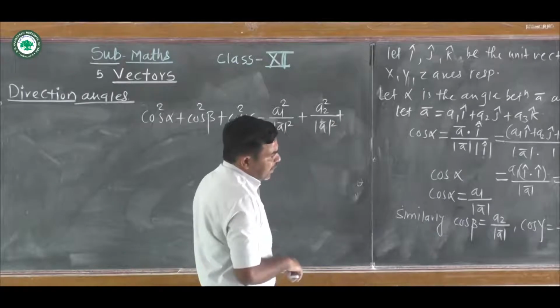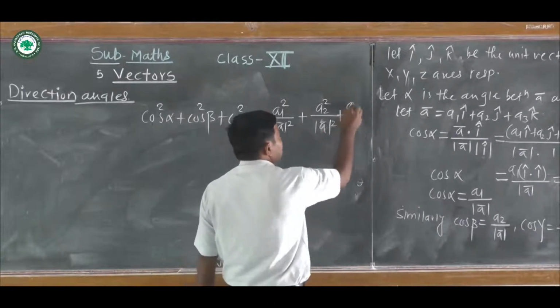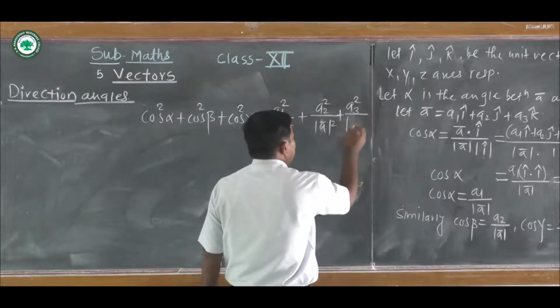Similarly, cos of gamma is a3 divided by magnitude of vector a, so a3 square divided by magnitude of vector a square.